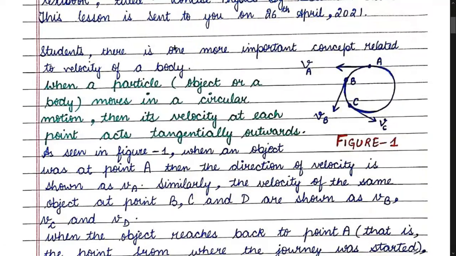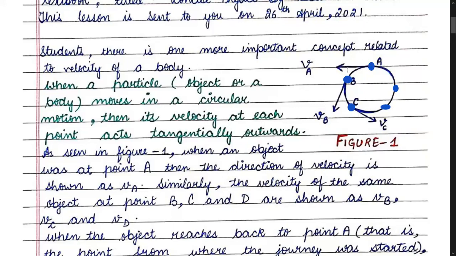Suppose, if we see figure number 1, the particle is rotating in a circular motion, going from A to B, B to C, and so on. Then the velocity, which is a vector quantity, always acts tangentially outward.